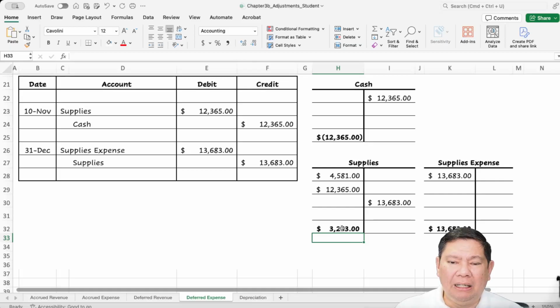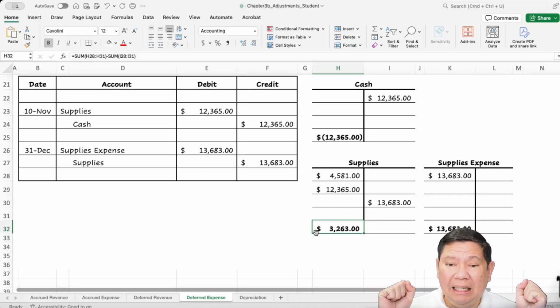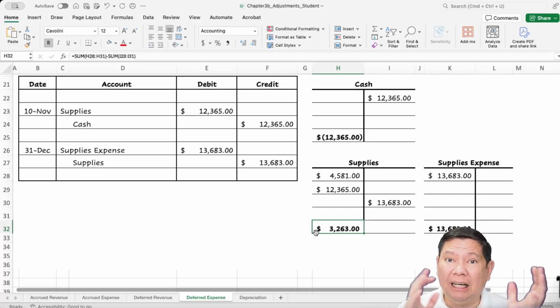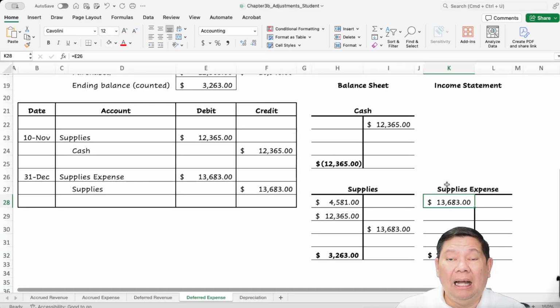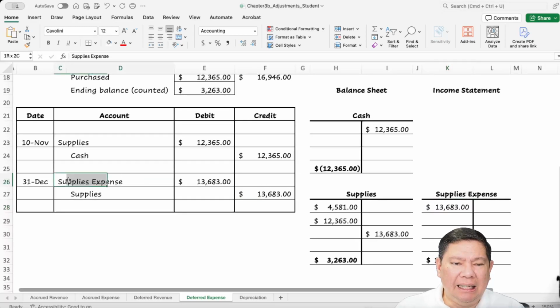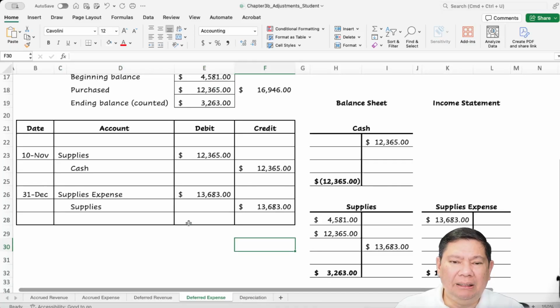So now we are reporting our supplies as much as the count result, $3,263. So that's the accurate ending balance. And we recognize supplies expense in December, that period, $13,683. So that's how we prepare the adjusting entry for recognizing supplies expense.